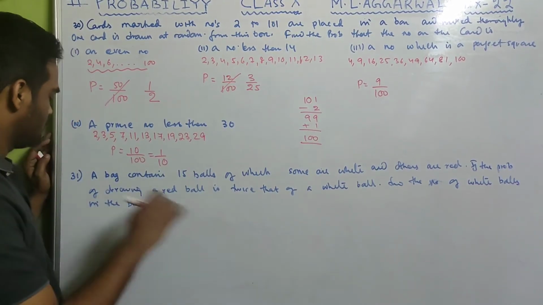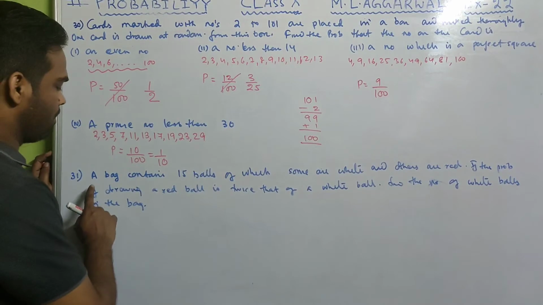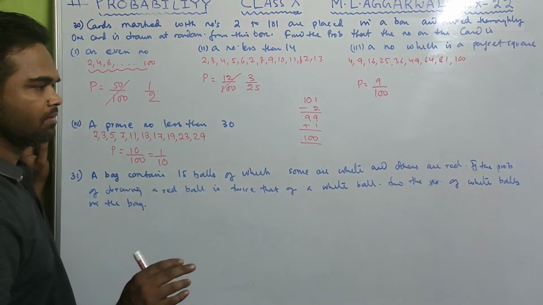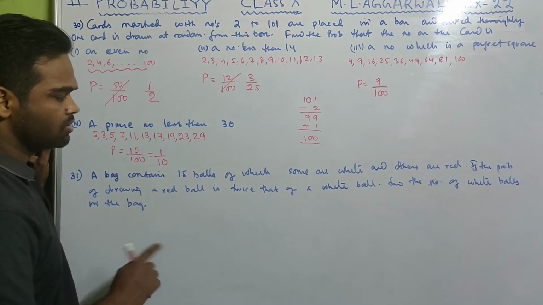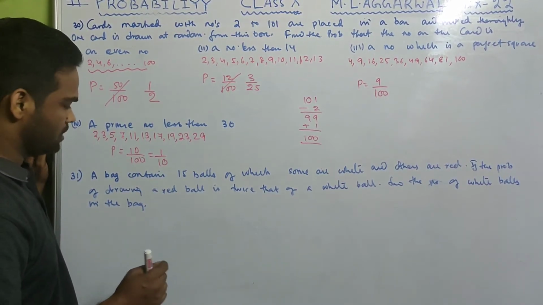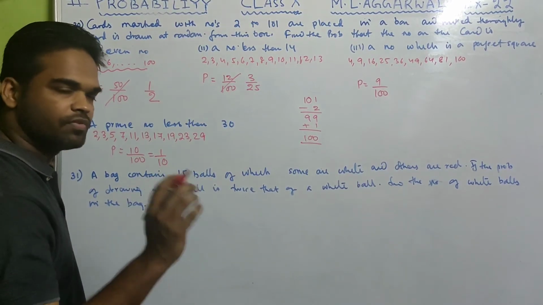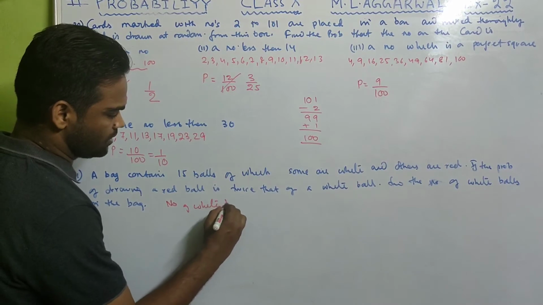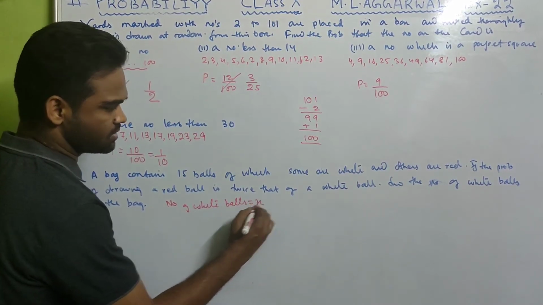Clear. Now let us see number 31. A bag contains 15 balls, of which some are white and others are red. If the probability of drawing a red ball is twice that of the white ball, find the number of white balls in the bag. Now, total number of balls is 15. Let the number of white balls be x.